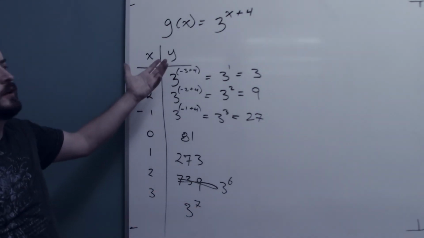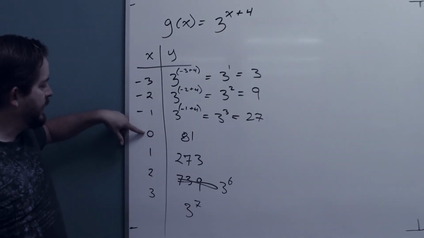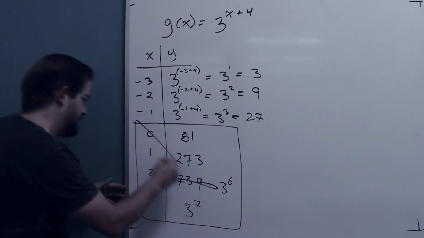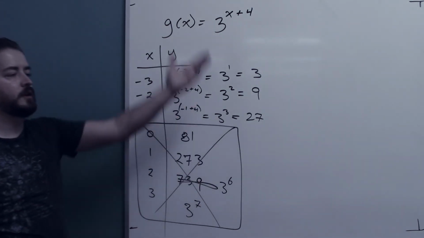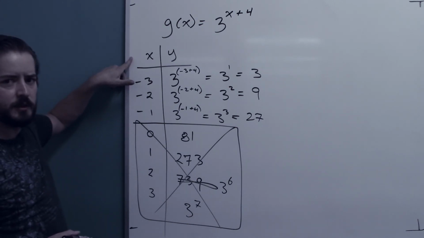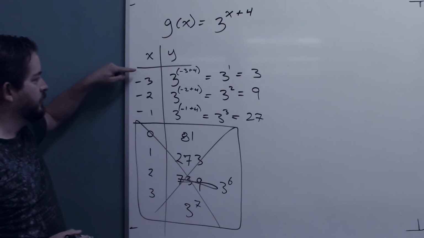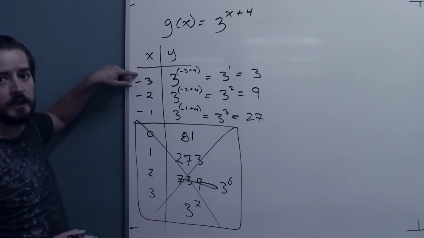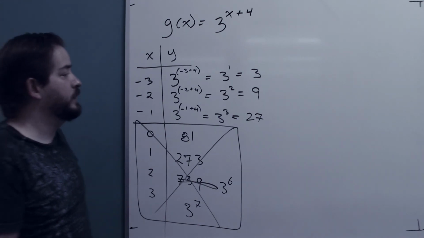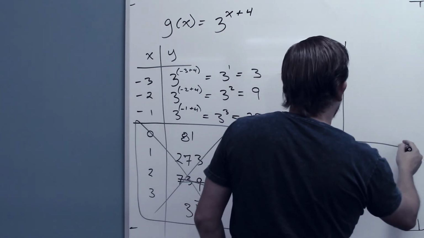I'm not going to graph with these ginormous numbers. So anything past 0, to me, is not particularly helpful. I just know that it blows up, right? So I should probably get some numbers on the other side. I should shift and say I need to know what x being negative 4 gives me, and negative 5, and negative 6. But again, we can graph this without that, just with what we know so far.